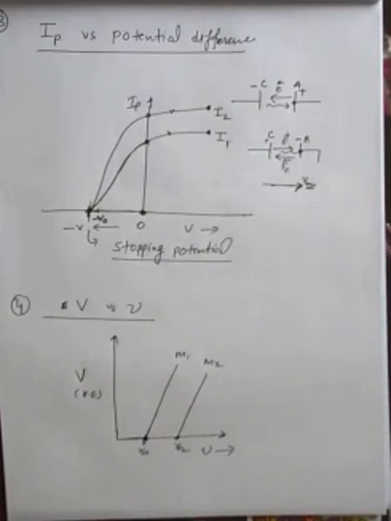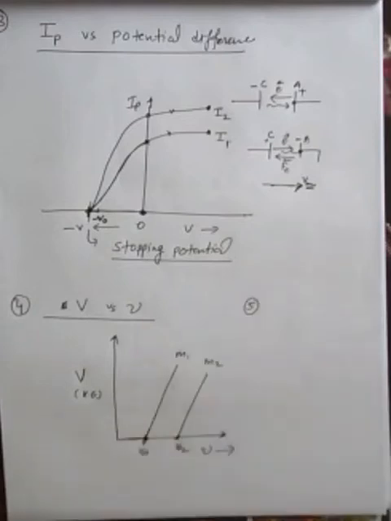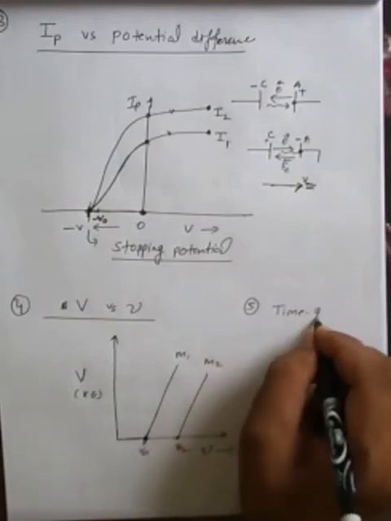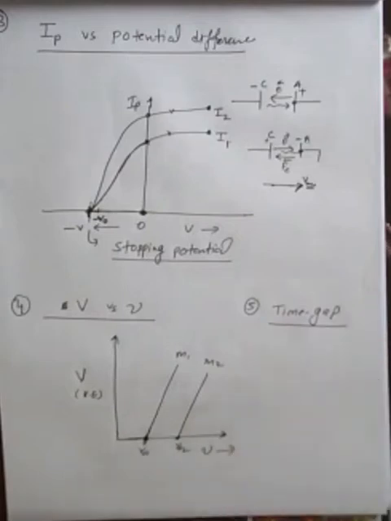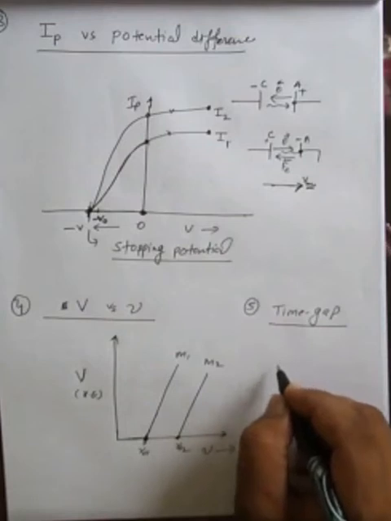And then the last observation was on the time gap between the incident radiation and the emission of the photoelectrons.